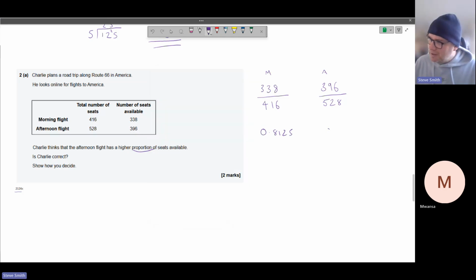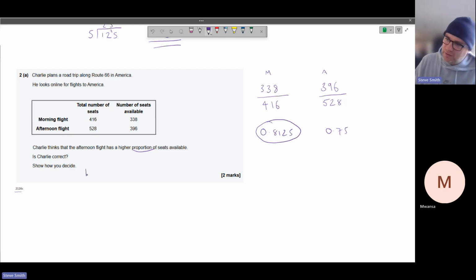So we can see by changing them both into decimals that this one's a bigger number and therefore has the highest proportion of seats available. He says the afternoon flight is incorrect. Why is he incorrect? Because we've just proven it: the morning is 0.8125 and the afternoon is 0.75.